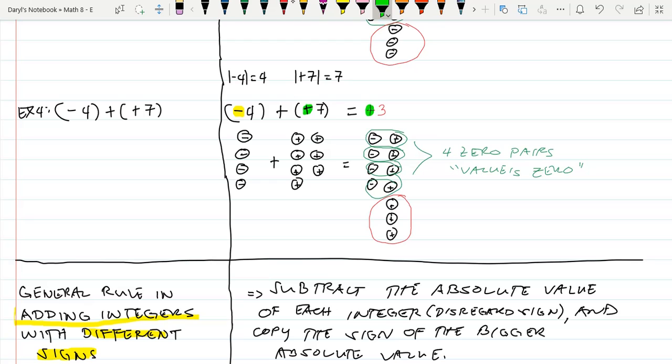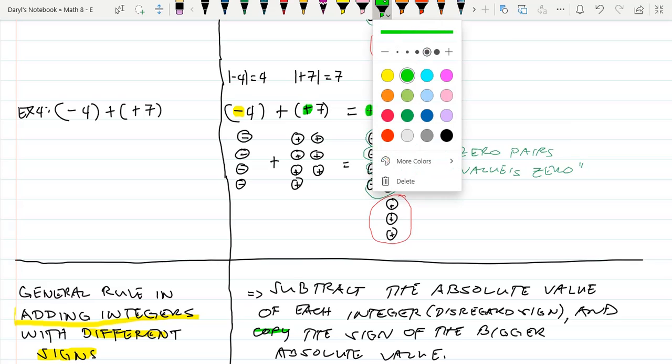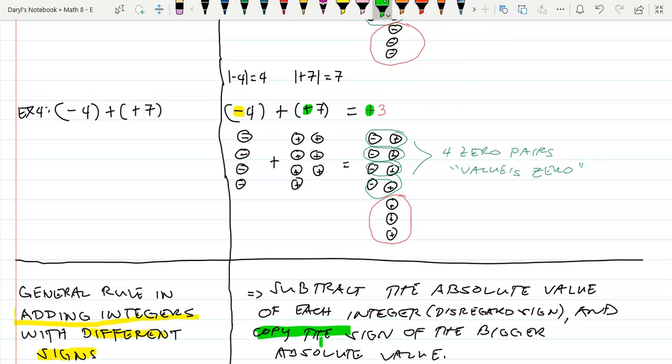We just subtract the bigger absolute value minus the smaller absolute value, but we copy the sign of the bigger absolute value. So the operation is subtracting. So we subtract the two integers disregarding the sign.